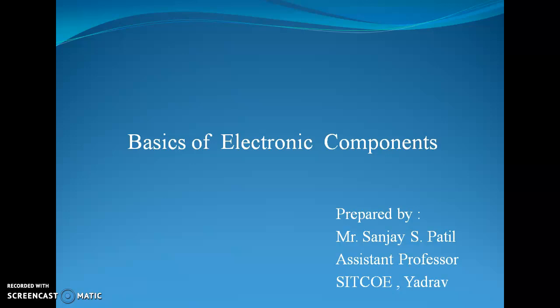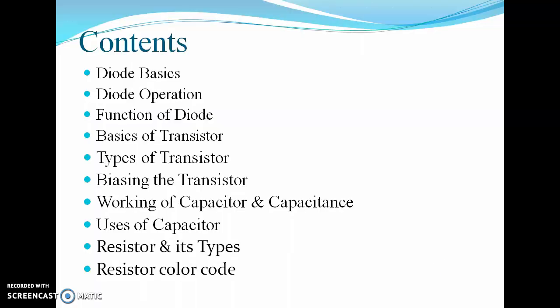Basics of electronic components. In our last presentation we have seen diode basics related to diode functions, function of diode operation. Then we have also seen transistor, various types of transistors, how to bias transistor.